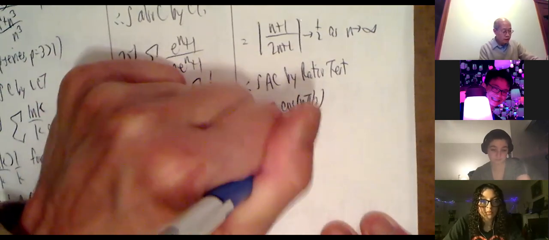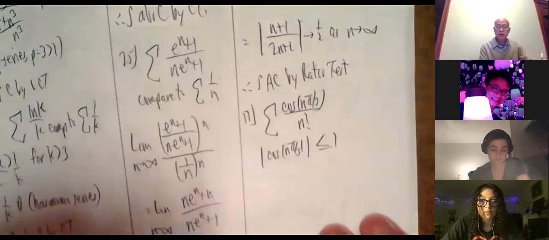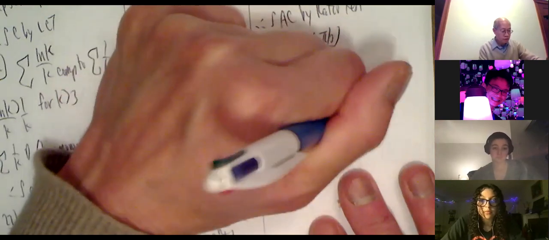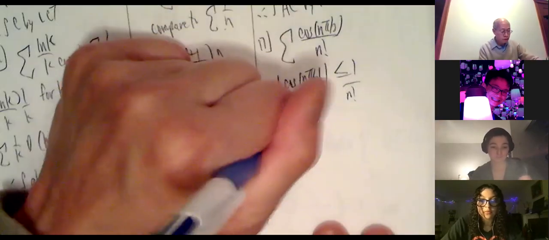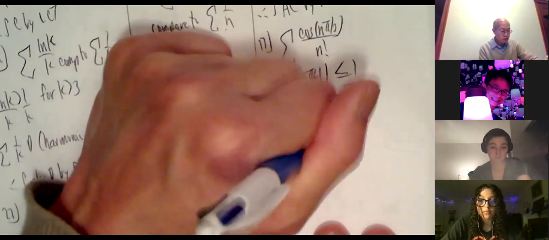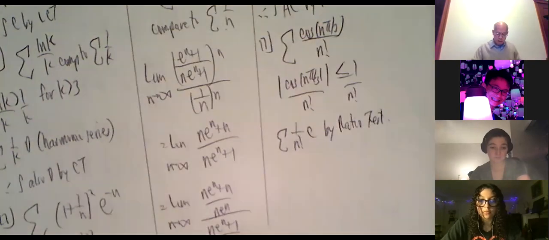Absolute value of cosine n pi over 3 is positive. It's definitely less than or equal to 1. And then divide both sides by n factorial. Okay. Summation 1 over n factorial converges absolutely by the ratio test. And we've already seen that a couple places.